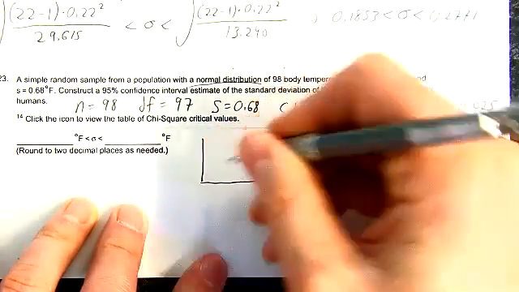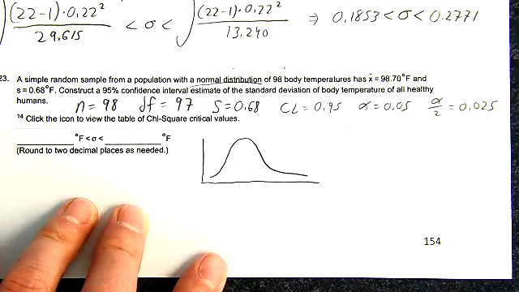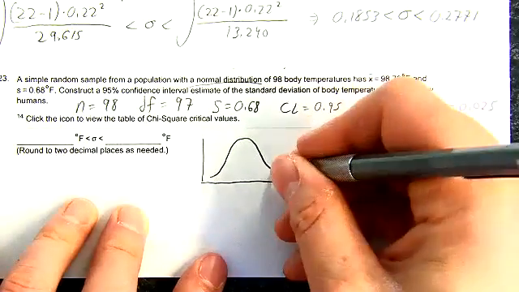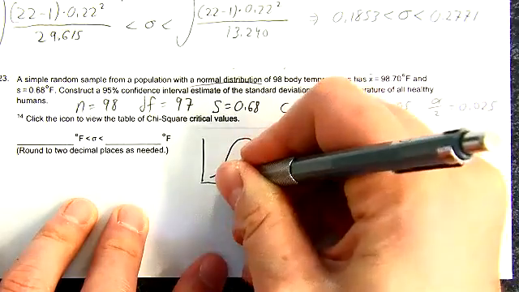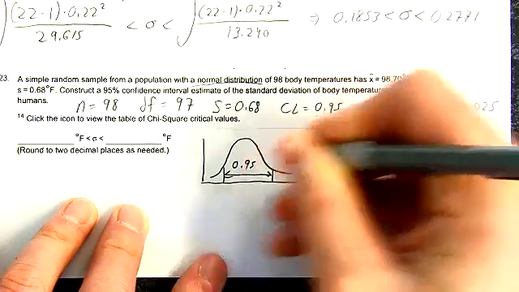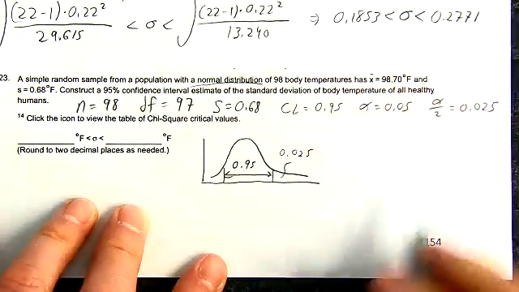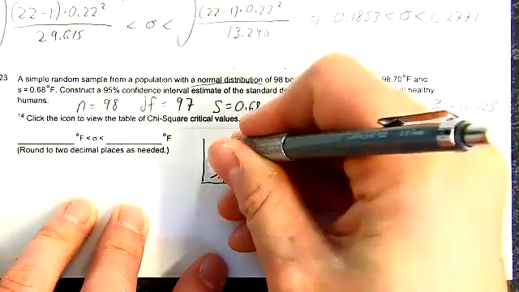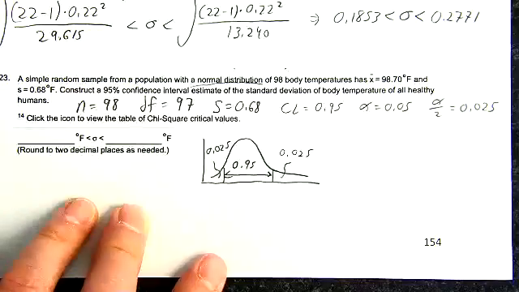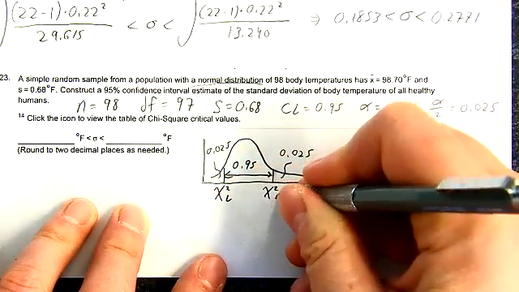So we're going to have our right skewed chi-squared. If our confidence level is 0.95, that means between this flag and this flag is 0.95. This upper area would be 0.025, the alpha over 2. And this area down here is 0.025. This is chi-squared left. This is chi-squared right.